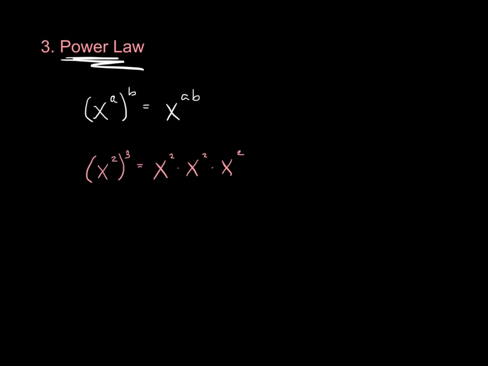And we already know from the multiplication law that when we multiply with common bases, we add those exponents. So 2 plus 2 plus 2 is equal to 6, and 2 times 3 is equal to 6.